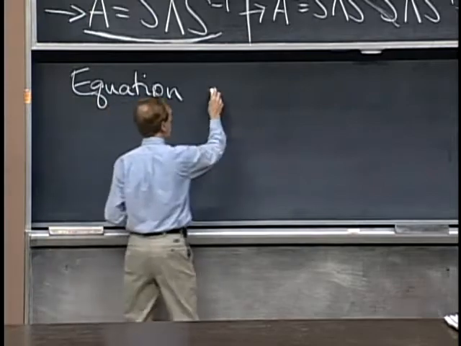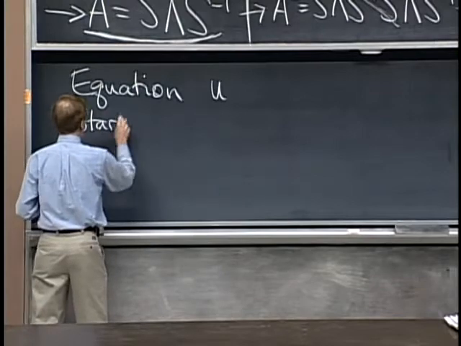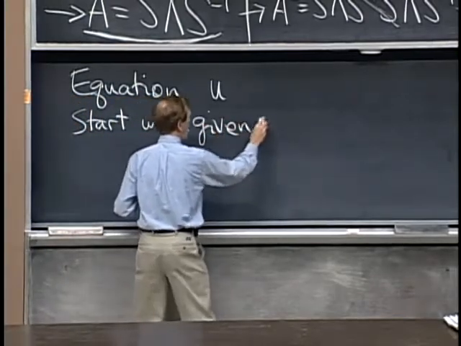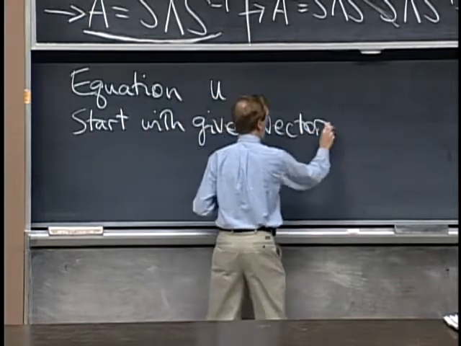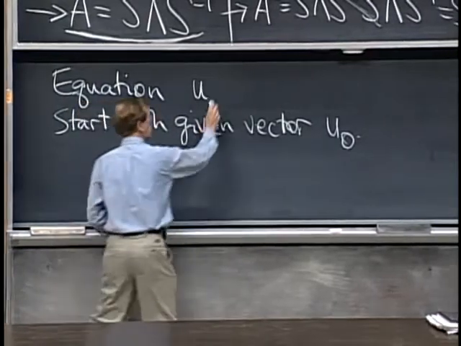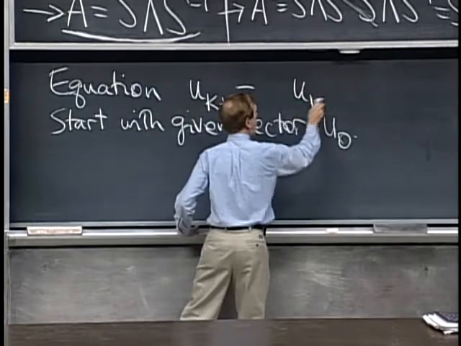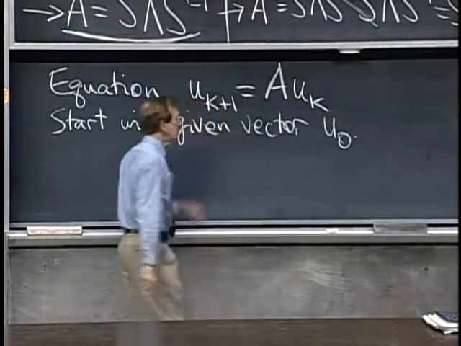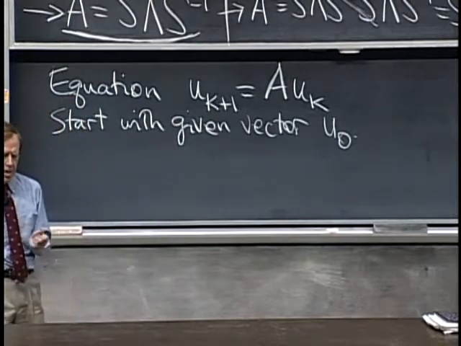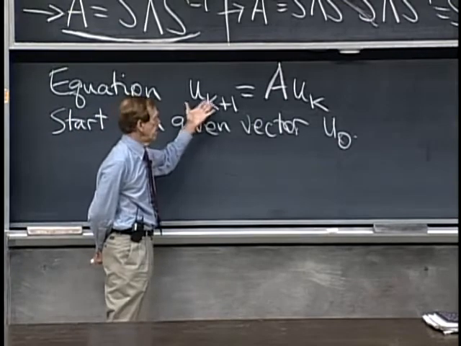I start with a given vector u0, and then my equation is that every step I multiply what I have by A. That equation ought to be simple to handle, and I'd like to be able to solve it.